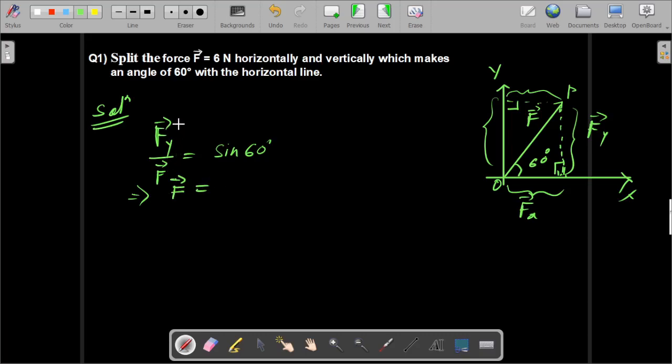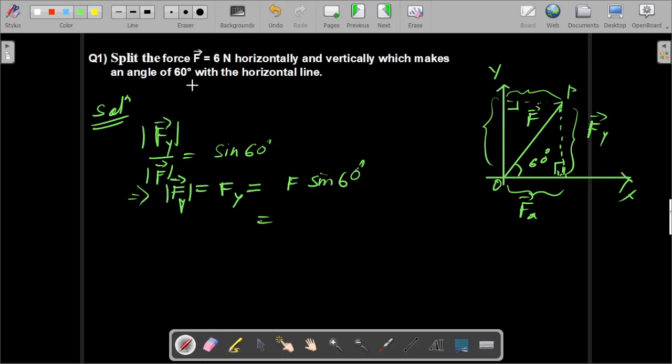So here we take only the value, a little calculation at first. After writing the value, you can write in this way: Fy is F sine 60 degrees.